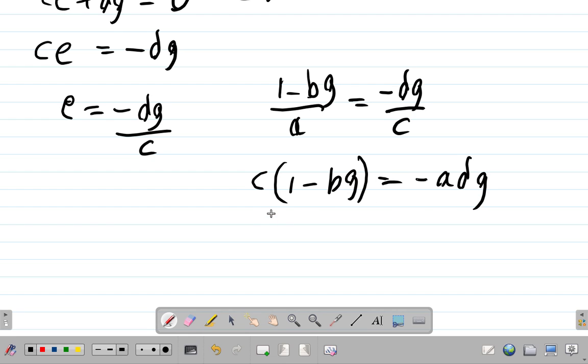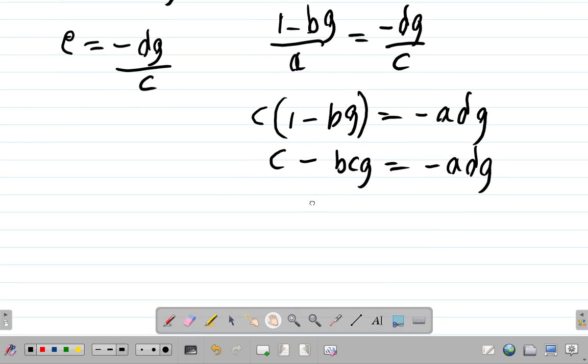Expand the bracket, multiplying C by each item in the bracket, we have C minus CBG. Let me write it as BCG to make it in alphabetical order. C minus BCG equals negative ADG.